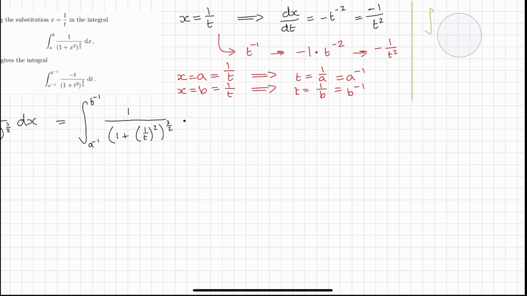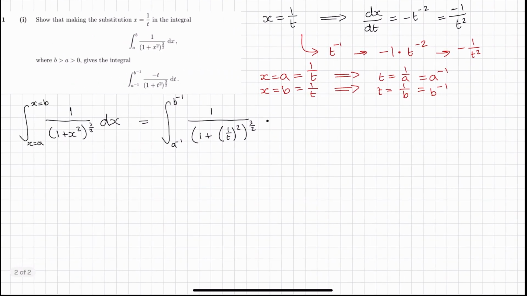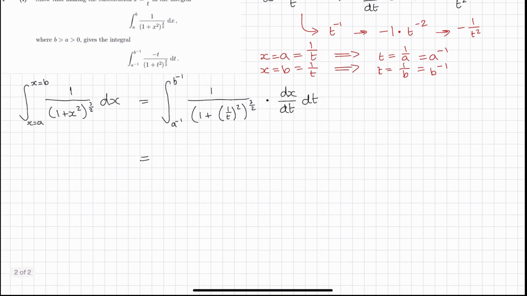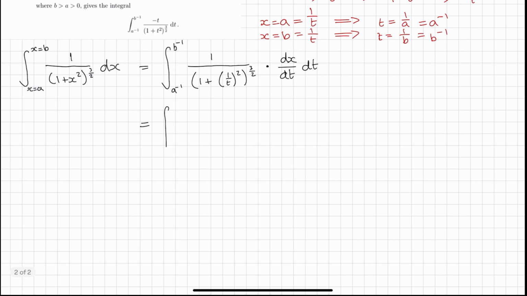That might trip some people up because of the way the substitution was chosen. But in this case, we just have dx by dt, and I'm writing this out as explicitly as possible.